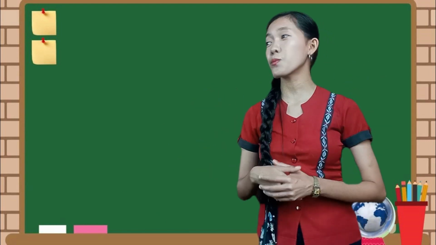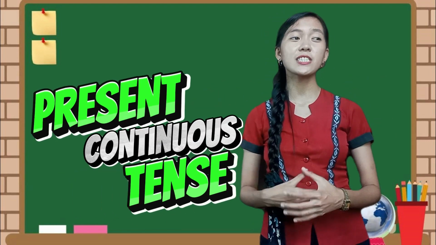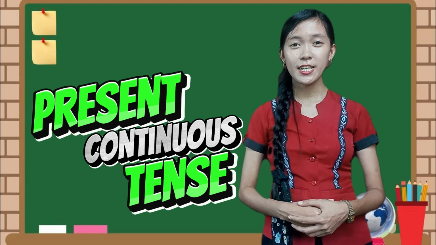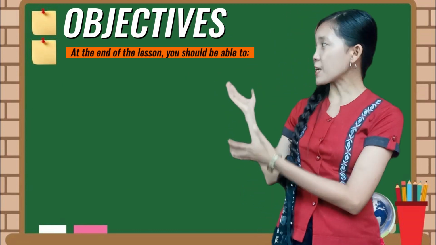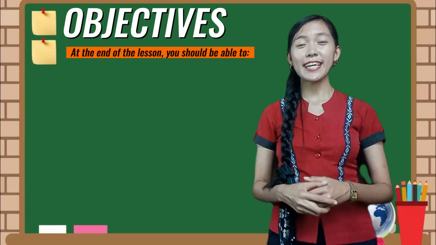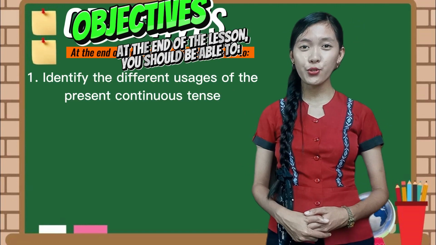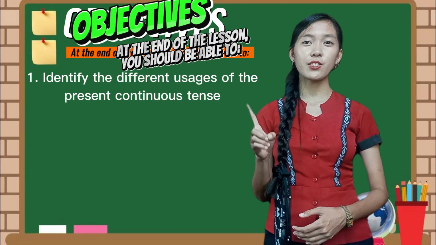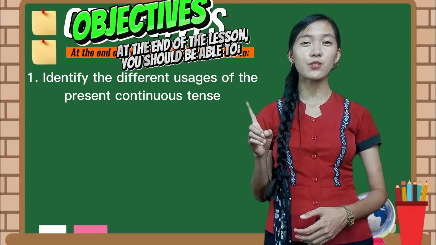Today, class, we will talk about the present continuous tense. But before that, kindly read first our learning objectives for today. At the end of the lesson, you should be able to first identify the different usages of the present continuous tense.